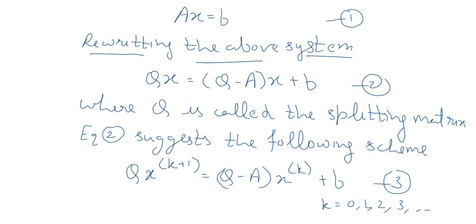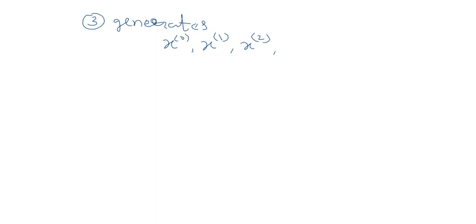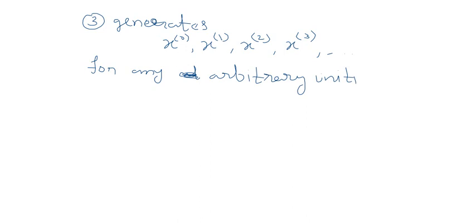This will generate a sequence of approximations given by x_k. So equation 3 generates x1, x2, x3 and so on, starting with an initial vector x0, for any arbitrary initial vector x0.